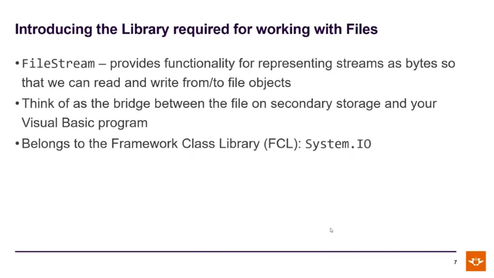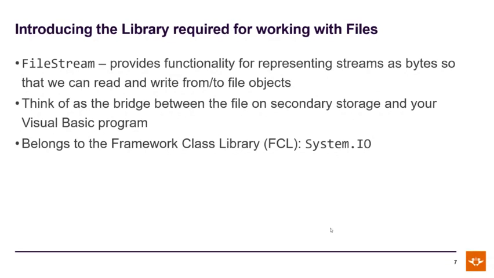So I want to introduce you to a file stream. This is the use of a library. The file stream object comes from the System.IO library. File stream provides functionality for representing streams as bytes so that we can read and write from or to file objects. Think of it as a bridge between your secondary and your primary storage.